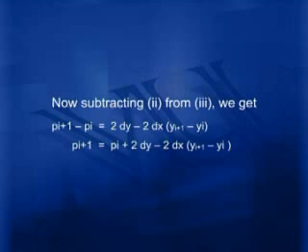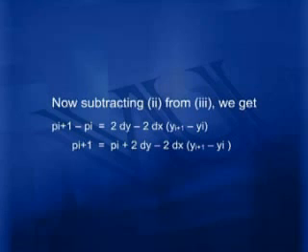And this way what we get is pi plus 1, the next value of parameter pi, minus the original value of parameter pi, which is pi, equals 2dy minus 2dx times yi plus 1 minus yi.